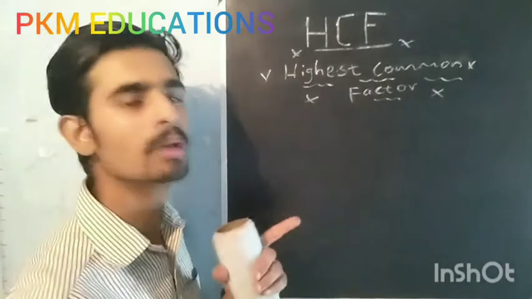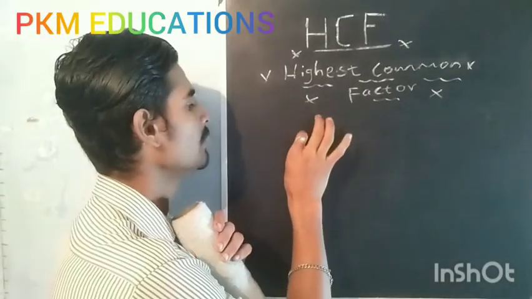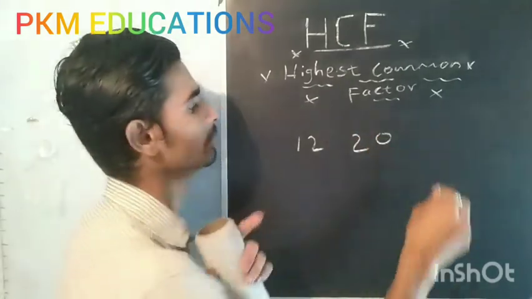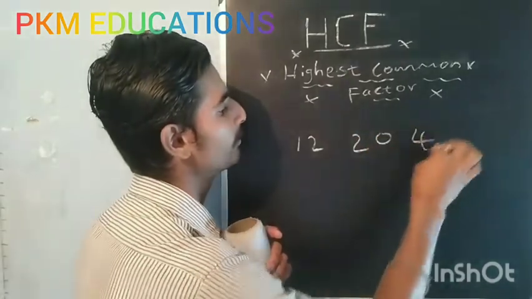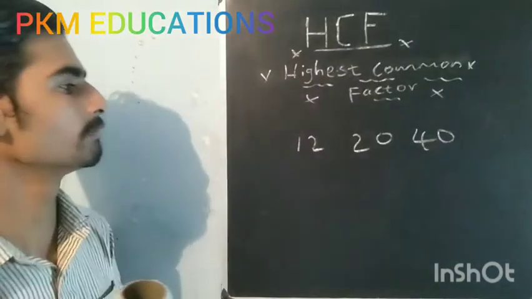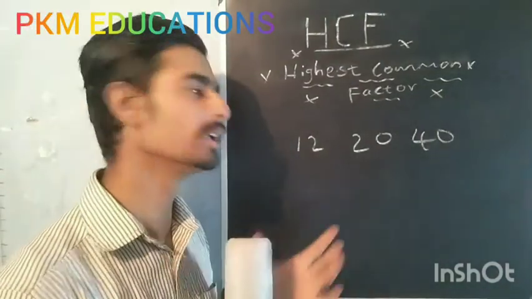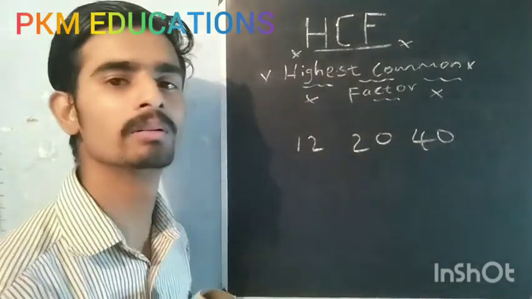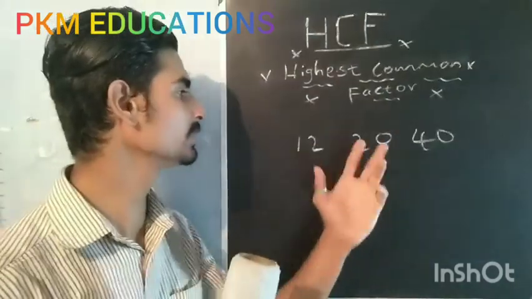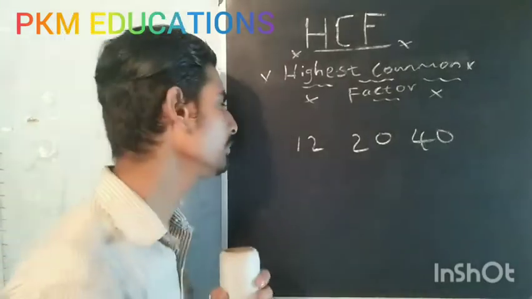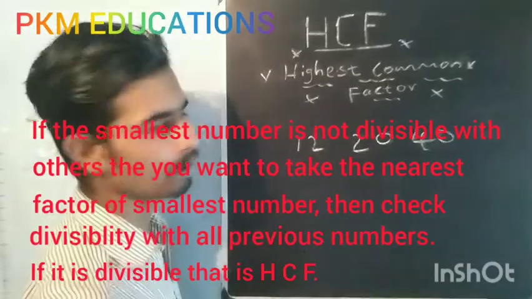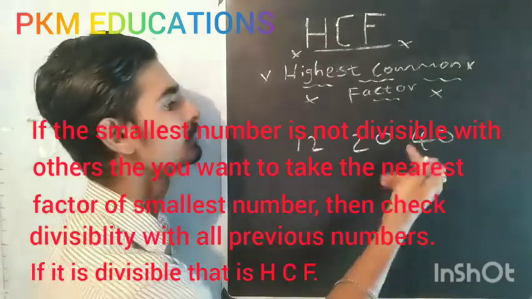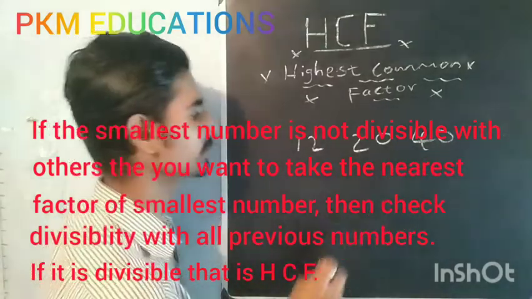Okay, I am taking 12, 20, 40. Here 12 is not divisible into these two numbers. If this condition is false, we want to take the factors of 12, the nearest factor of 12 that is divisible by these other numbers.